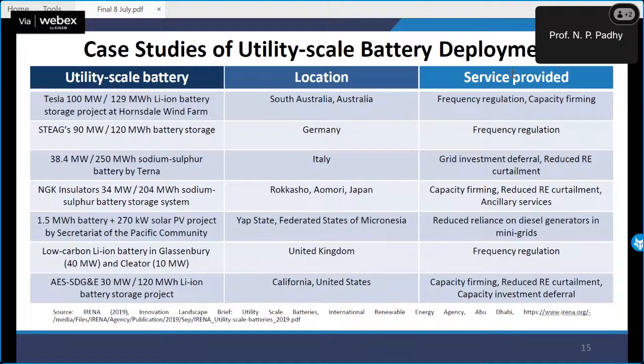So then we have one installed in Italy, and this is for investment deferral, okay? Please repeat the statement, megawatt and megawatt hour. Okay. So what we are saying, because each and every battery, I can have a battery of, let's say, 100 megawatt and operate it also for 100 megawatt hour. Okay, that is possible.